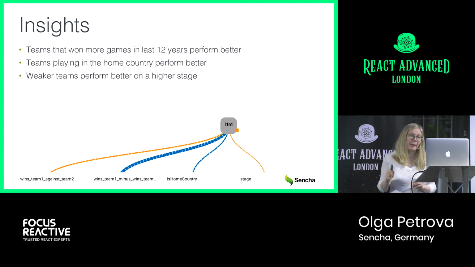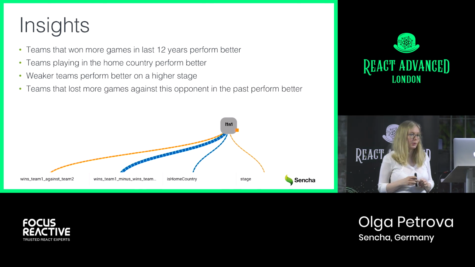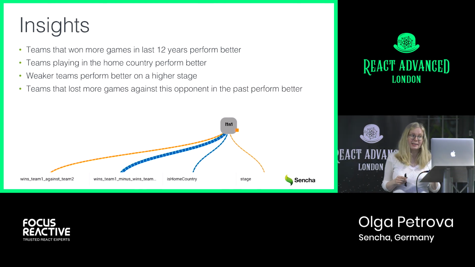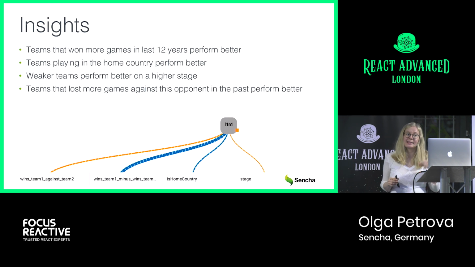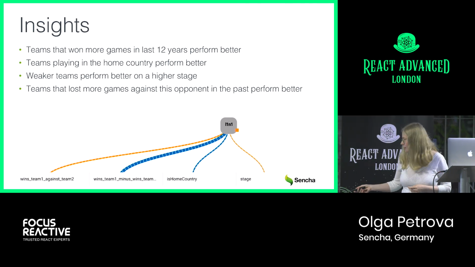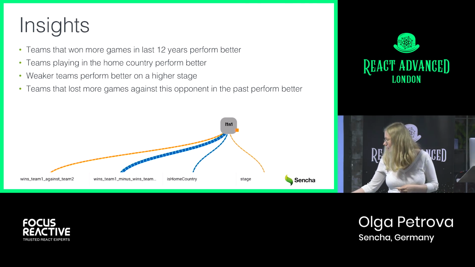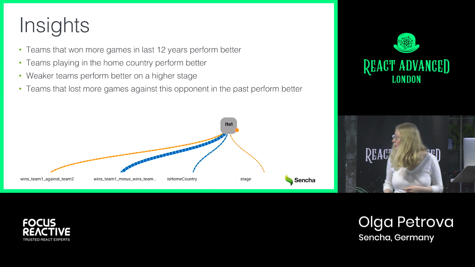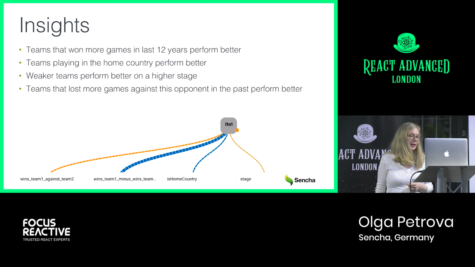Weaker teams perform better on a higher stage. And the last one was a kind of surprise. Teams that lost more games against this opponent in the past perform better. So it's this line, this orange line.